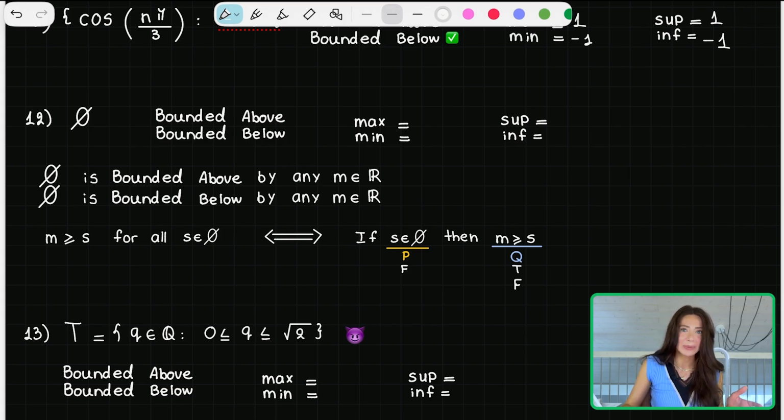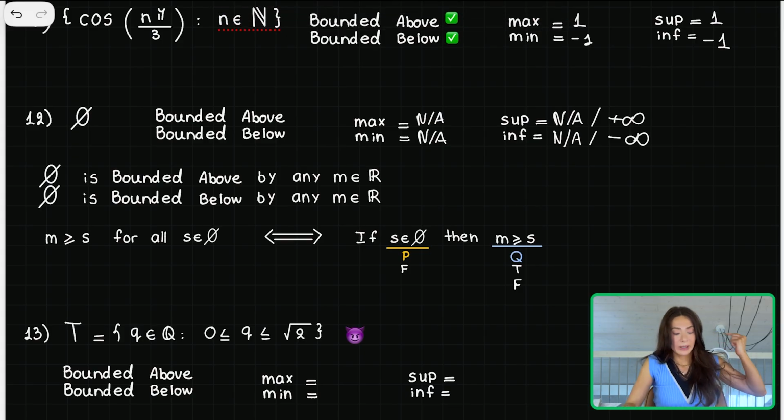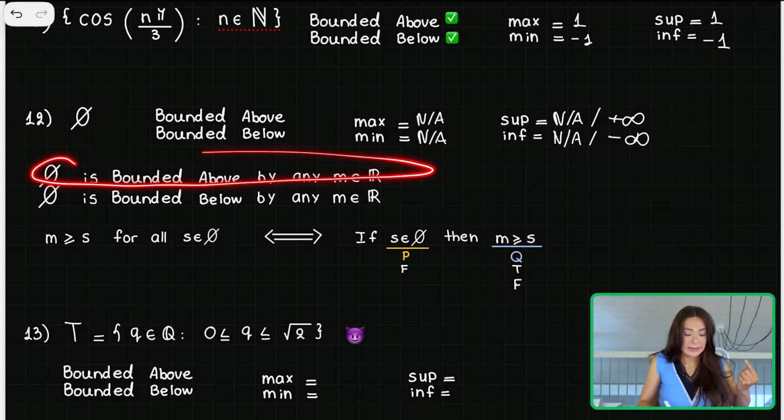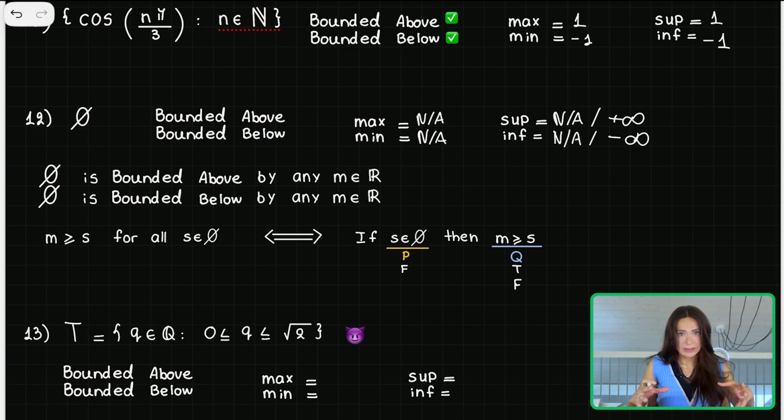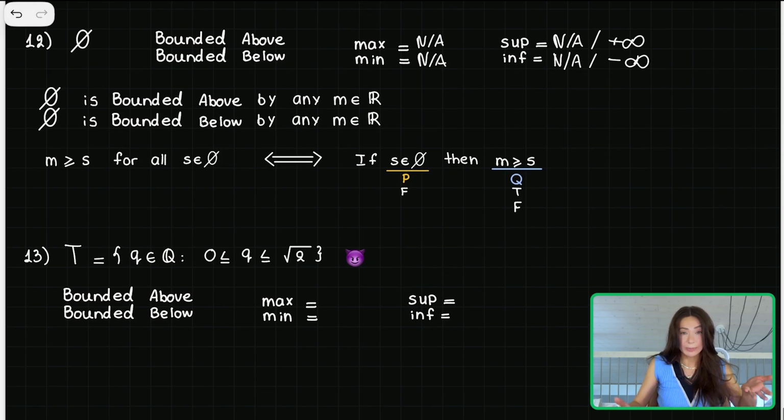So it doesn't have max or min, doesn't have sup or inf. Some books say that supremum doesn't exist, and some books say that it is positive infinity. And the infimum, sometimes it says it's negative infinity.